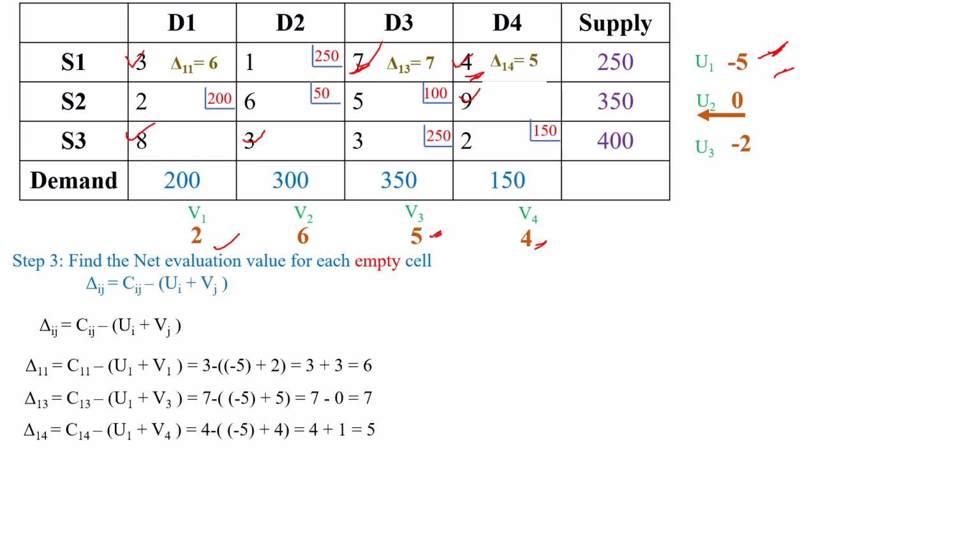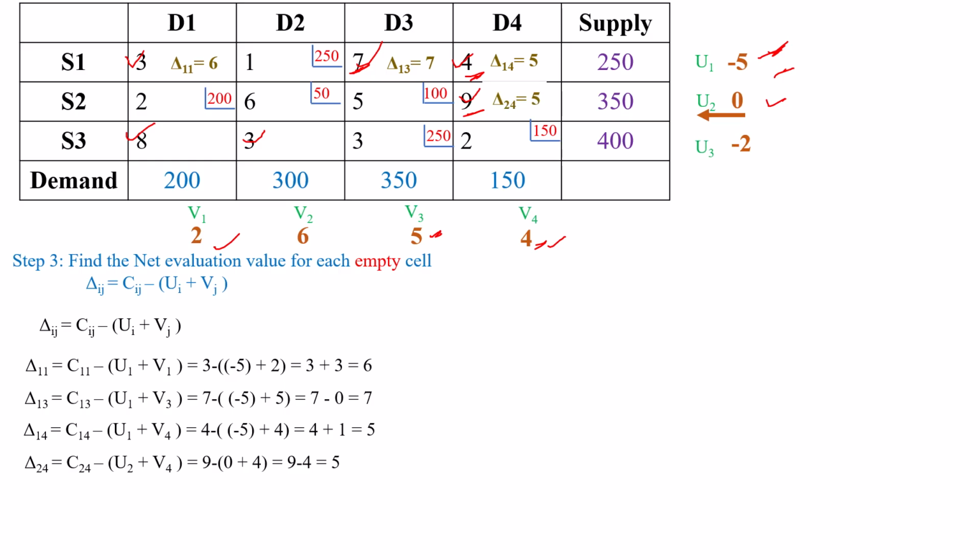Next empty cell is the second row and fourth column, that is delta 24. Delta 24 equal to C24 minus of U2 plus V4. C24 value is 9, U2 value is 0, V4 value is 4. Substituting, we get delta 24 is 5.